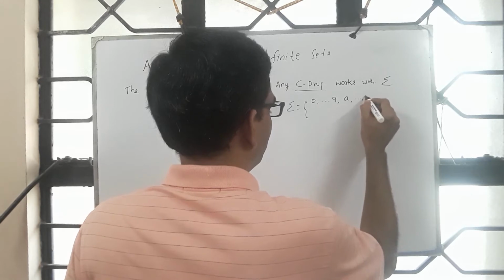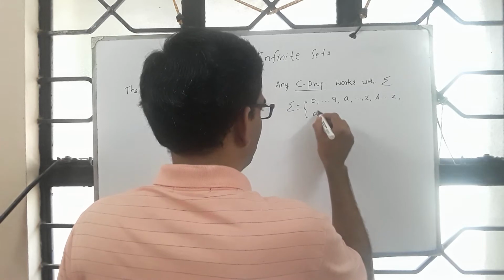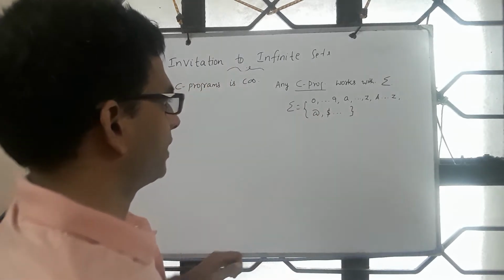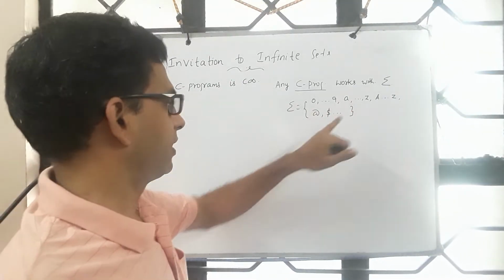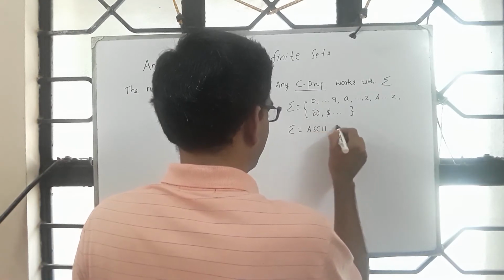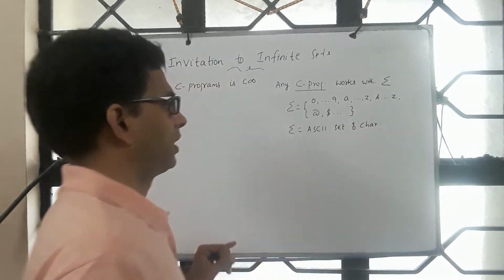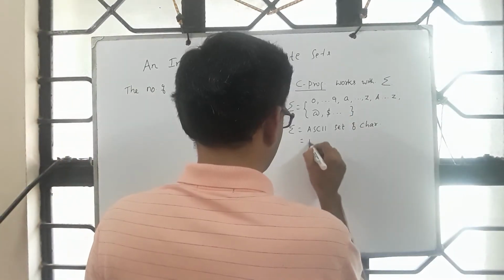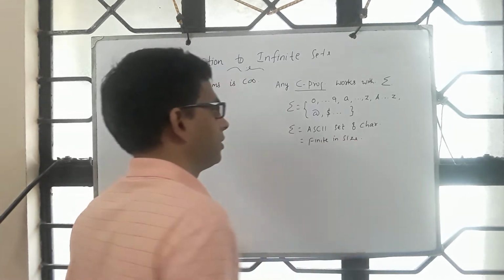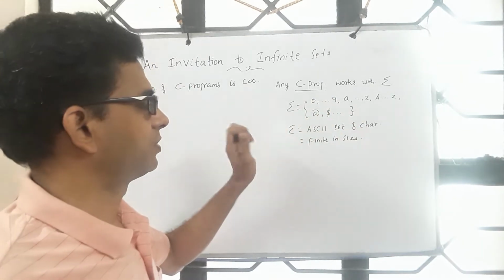Then you are allowed to have letters. You are allowed to use special symbols and so on. So your sigma is precisely your ASCII set of characters, and it's finite in nature. It could be maybe 127 keys or some 100 plus keys. So it's finite in nature.